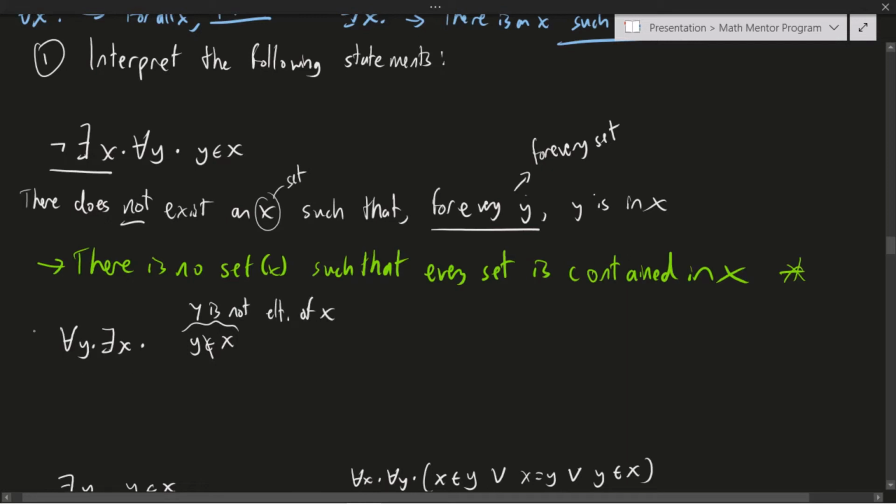So if we piece this together, we say for every Y, there is an X such that Y is not in X. Now, is this statement true or not?